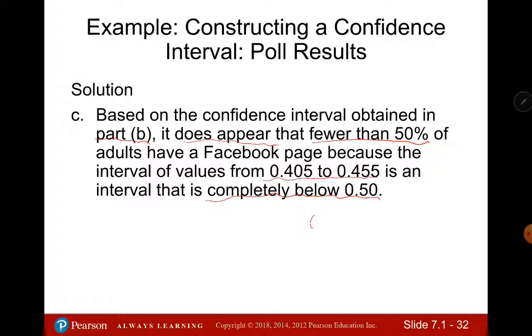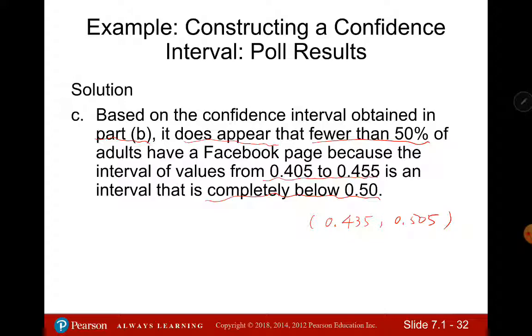If we have an interval like this, let's see. We have the same question. This time, if we have this confidence interval, can we safely conclude less than 50% of the adults have a Facebook page?